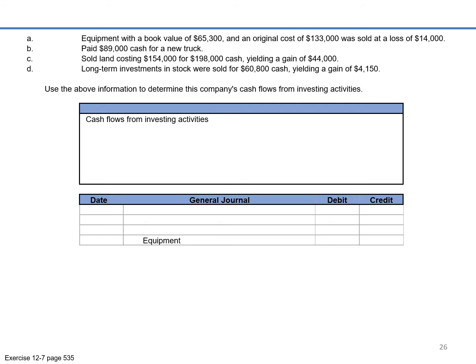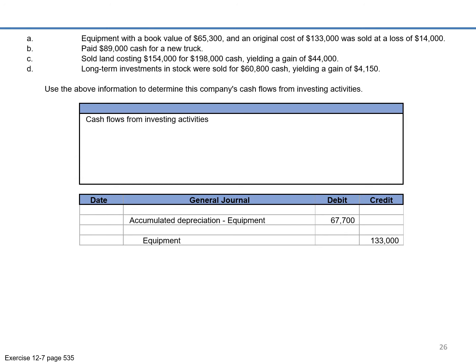So in letter A, equipment with a book value of $65,300 and an original cost of $133 was sold at a loss of $14. Well, original cost of $133, to get it off the books, we would have credited it, right? The loss is $14,000, they tell us, and the book value is $65,300. So $133,000 less $65,300 is our accumulated depreciation, $67,700.